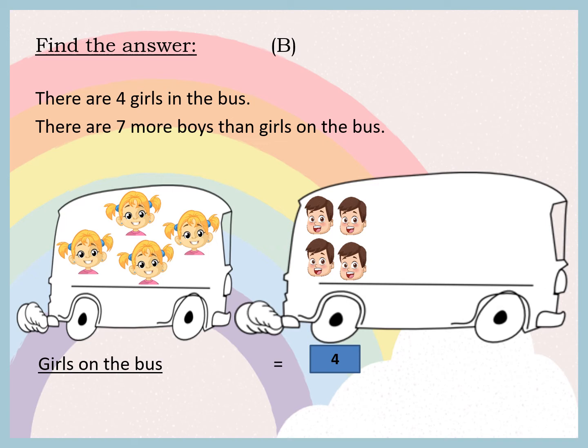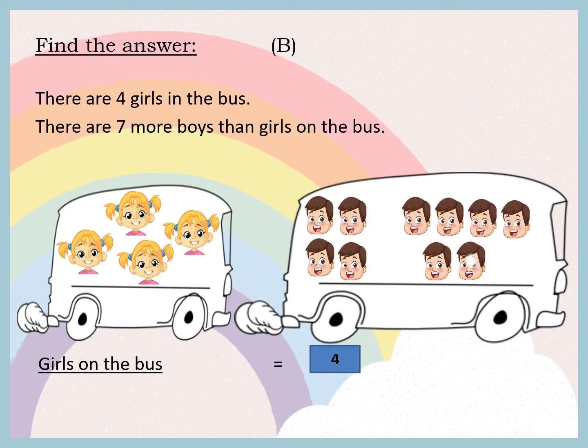So we are going to add 7 more boys. 1, 2, 3, 4, 5, 6, 7. So 4 plus 7. Can you count how many boys are there on the bus?